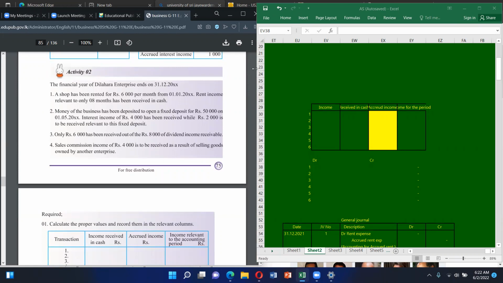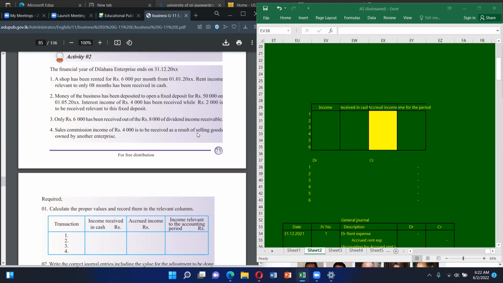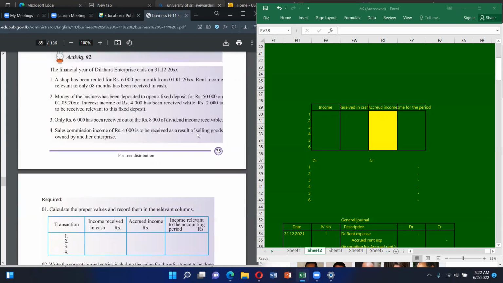Visandi, can you read the first one? Minuti, can you read activity 2, please?